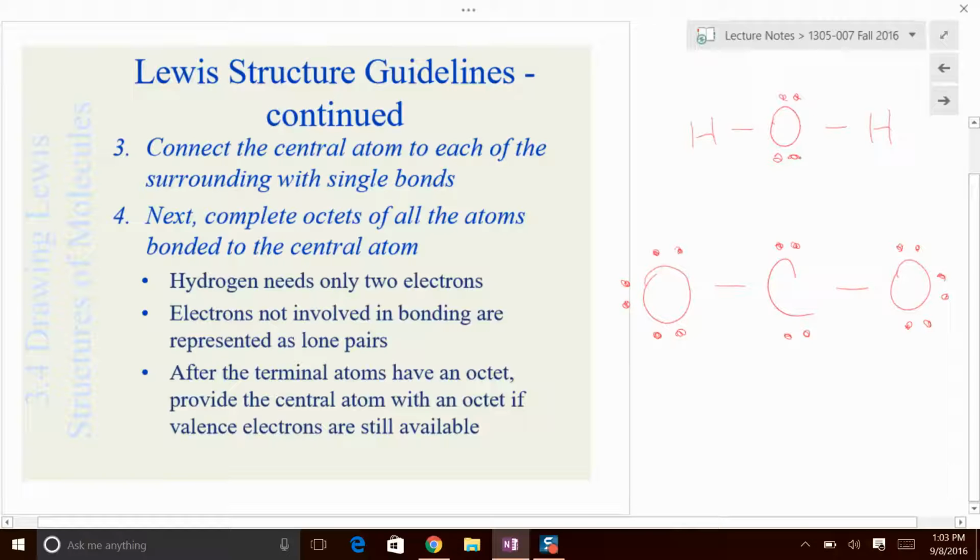Hydrogen only has 2 electrons. So I draw a single bond on it and that's it. That's all it can make. Hydrogen would never be a central element because it can't make 2 bonds. It can only make a single bond, and so it's always on the outside, because it'll be bonded to something else. So that's what this is saying. Hydrogen needs only 2 electrons.